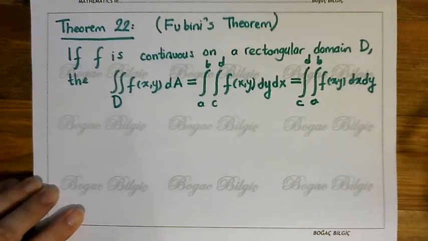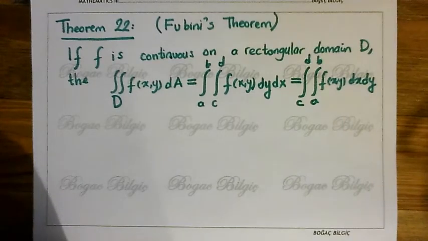Fubini's theorem tells us how to compute a double integral by means of iterated integrals. It also states that it doesn't matter which variable we integrate with respect to first. We will get the same answer regardless of the order of integration.